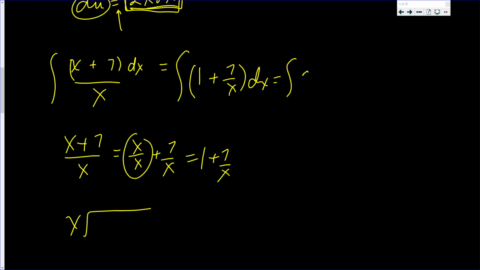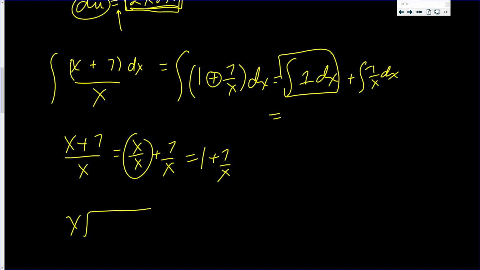And whether you need to write it out as the sum of two different integrals, that's fine by me. The integral of 1 dx is x, plus this 7 can come out in front, and then you have the integral of 1 over x dx. Well, that's ln of x plus c. No substitution in this problem.